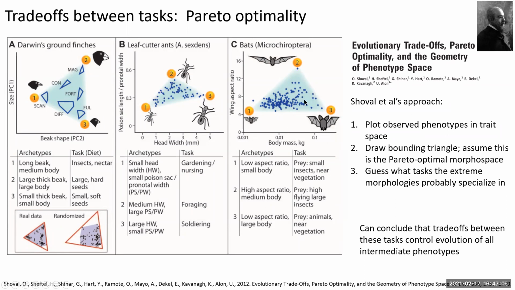They inferred what these corner shapes, what we call archetypes, are optimized for. So that's how they concluded the trade-offs that were probably influencing or constraining the evolution of these different types of organisms.